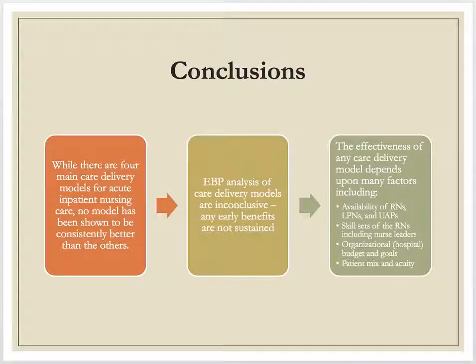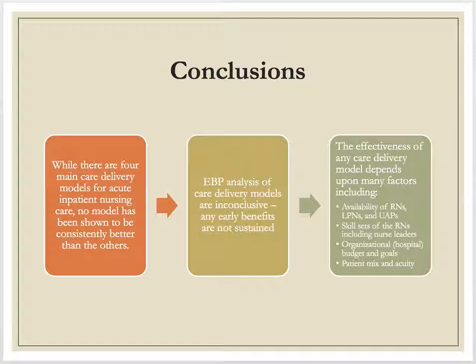In conclusion, while there are 4 main care delivery models for acute inpatient nursing care, no one model has been shown to be consistently better than the others. Evidence-based analysis of care delivery models are inconclusive, and any early benefits are not sustained throughout the study.